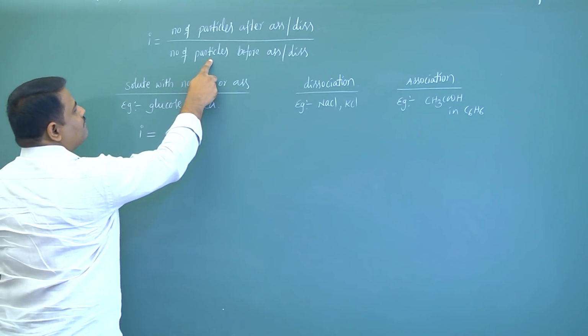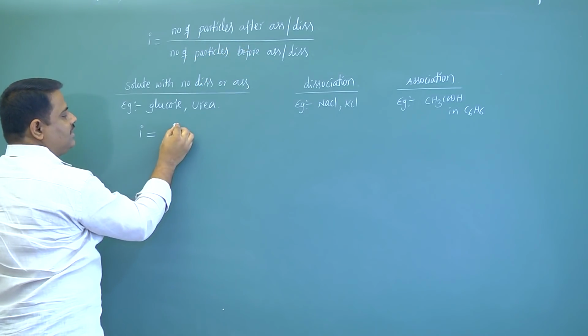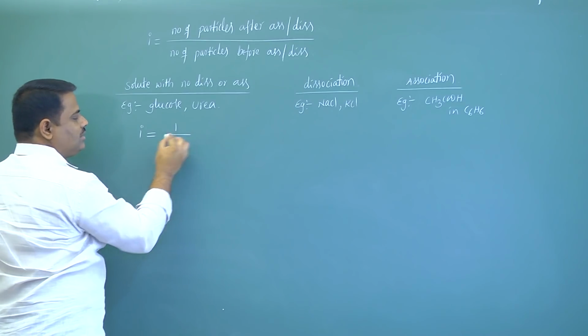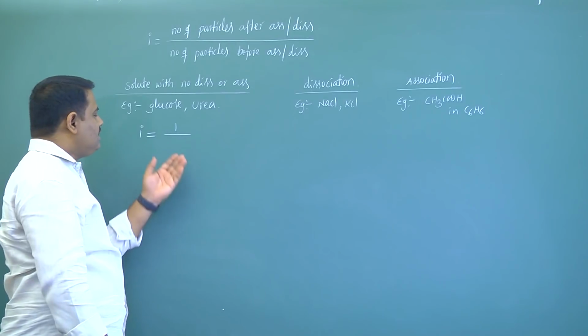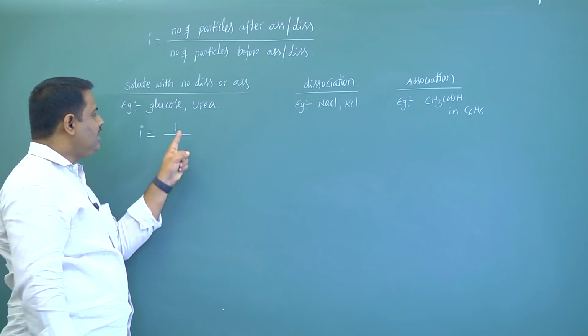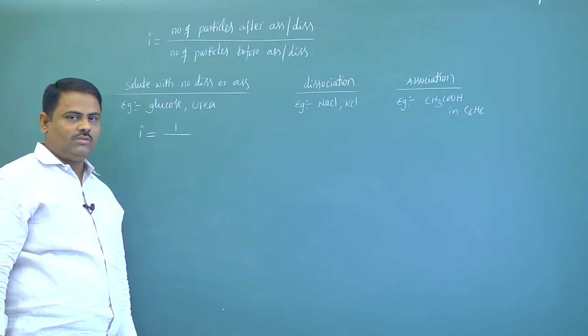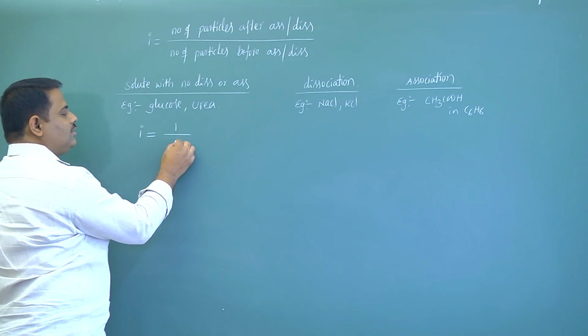From the formula, the number of particles after association or dissociation: here there is no association or dissociation, that's why I am writing one particle, or one mole of particles you can say. Before addition also one.